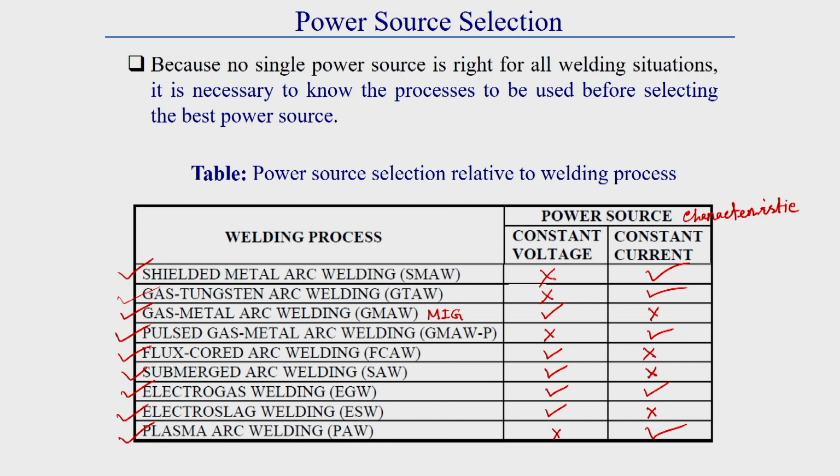So, we got the idea of which power source characteristics we should use for which welding techniques. We can easily observe from this chart that these are the widely applicable conventional welding techniques. Once you are in industry, you will see these conventional welding techniques are widely used in industrial applications, especially the manufacturing industry.